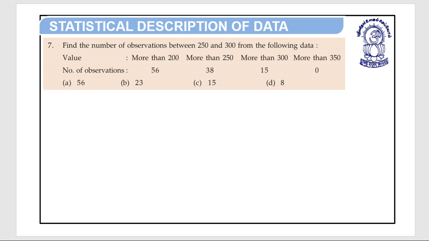Now question number 7. Find the number of observations between 250 and 300 from the following data. Value more than 200, more than 250, more than 300, more than 350. Number of observations 56, 38, 15 and 0.